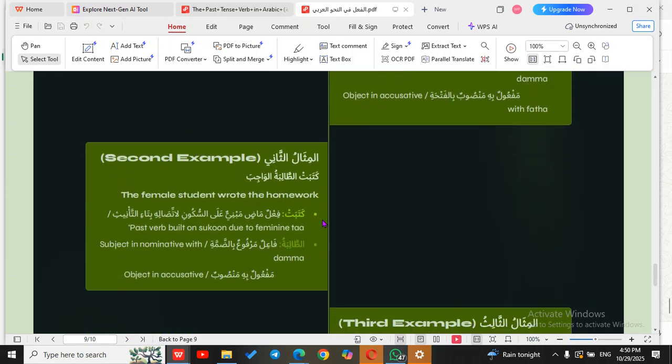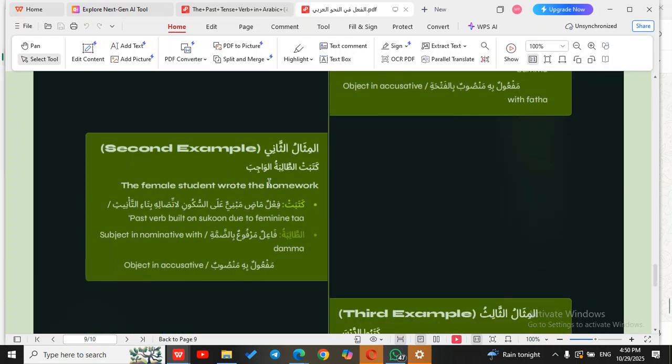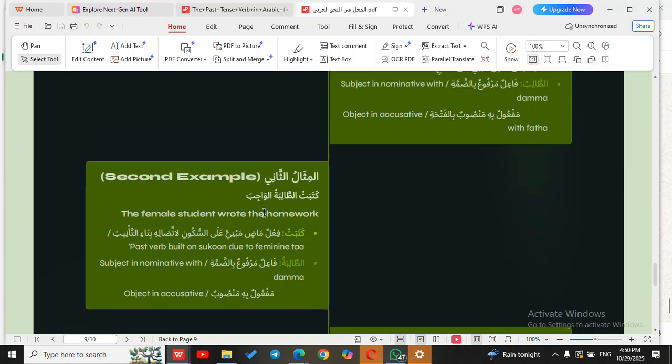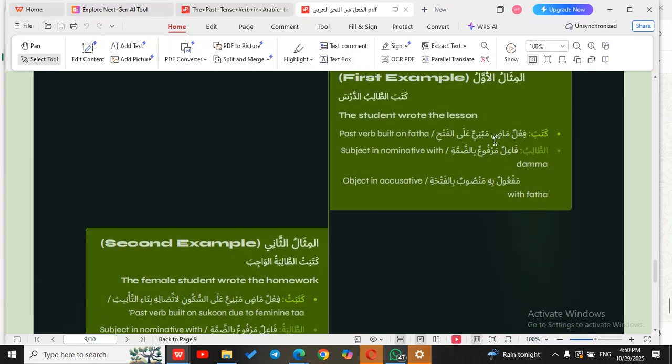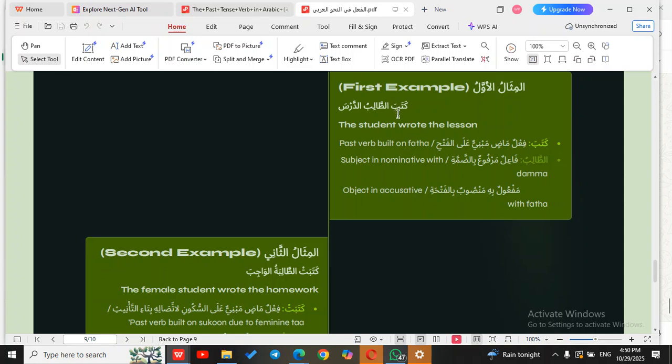The second one here is katabat al-talibatu al-wajiba. The reason why we put this ta' ta'nith sakina: here we did not put this sukun.